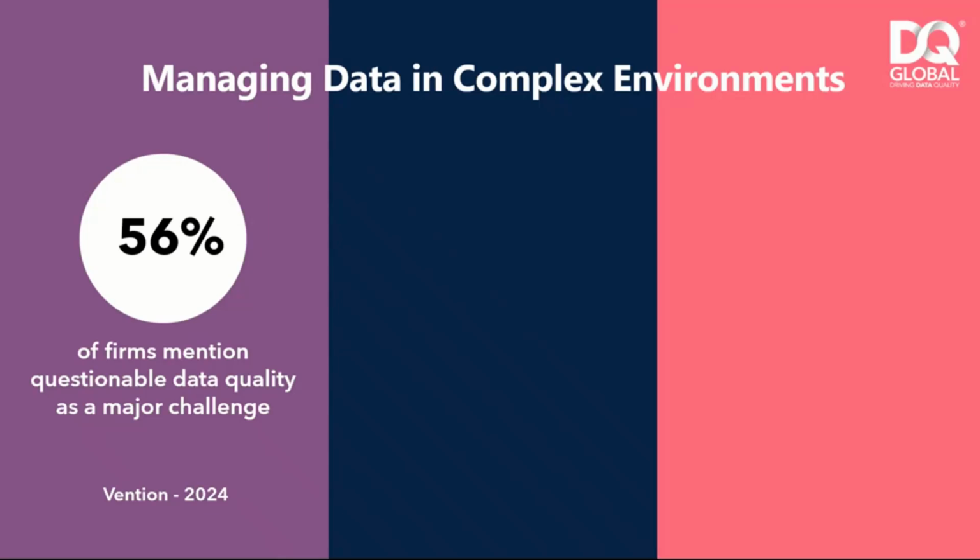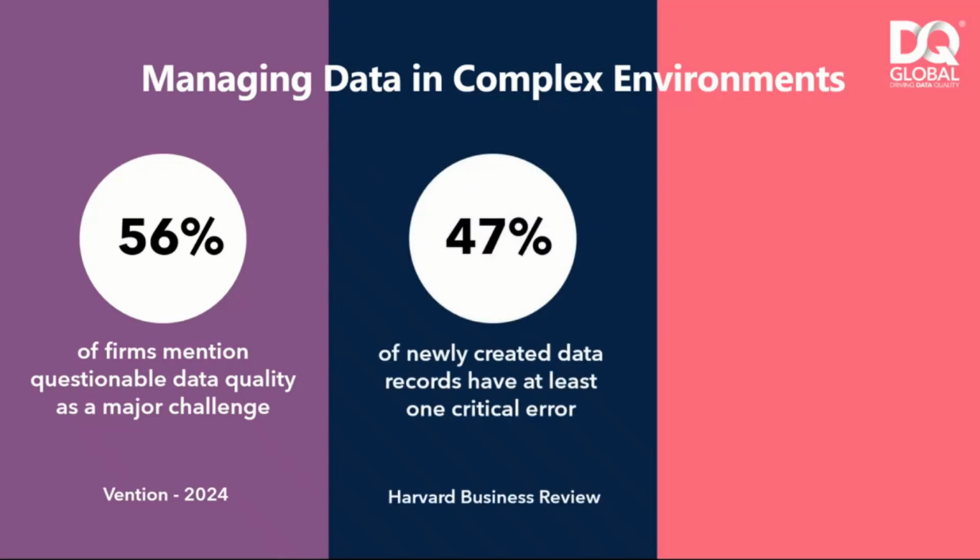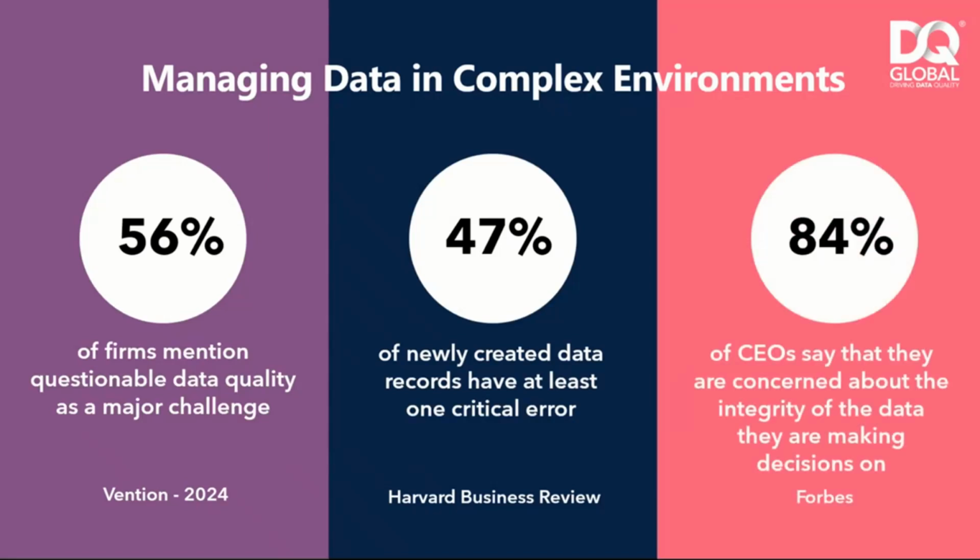So over half the organizations. We've got 47%, so just under half of newly created records have at least one critical error. Again, that's from HBR, no small source there. And quite surprisingly, 84% of CEOs say they're concerned about the integrity of the data they're making decisions on. So these are critical business decisions, and 84% of CEOs are concerned with the quality of the data. And that's from Forbes.